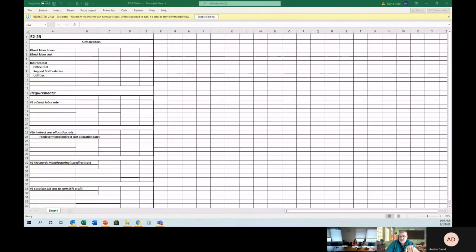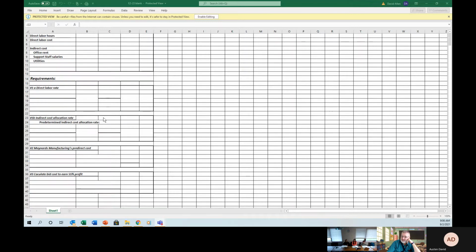Okay? This is what that blank spreadsheet looks like to fill out, because it'll get real blurry up on that screen.